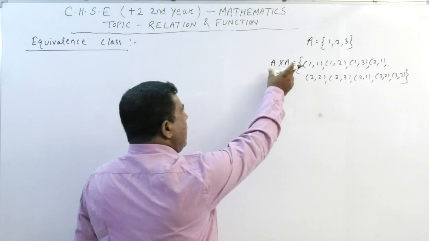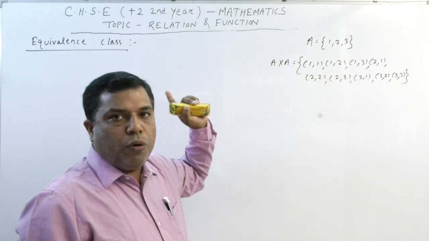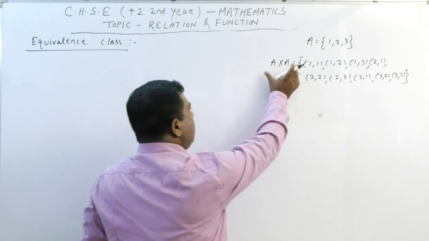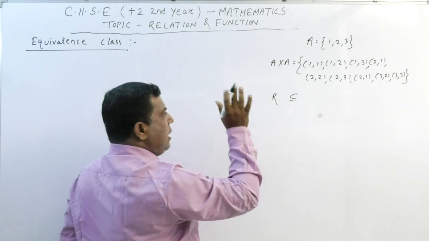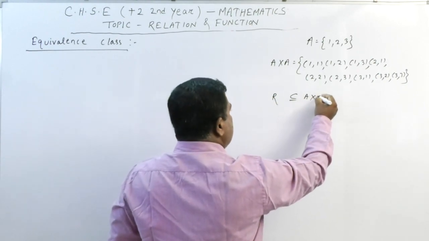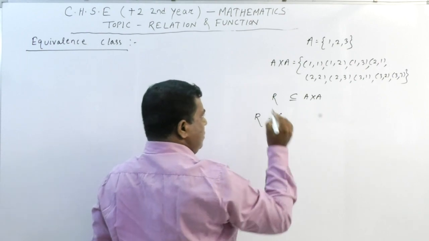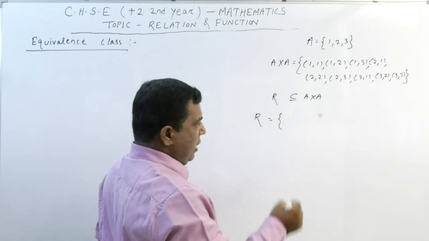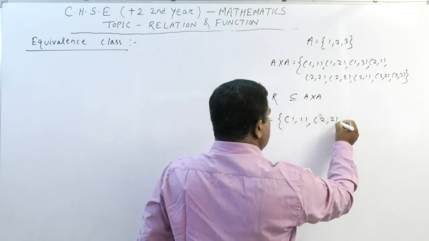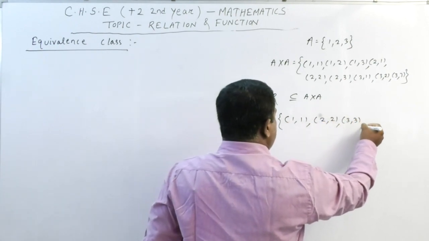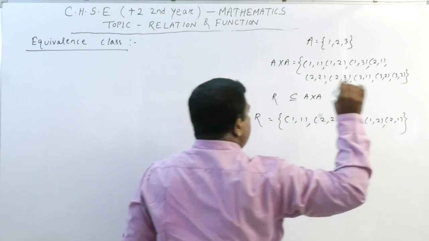Relations are taken from the product set, that is A cross A. So let any relation named R be from A cross A, and suppose R equals {(1,1), (2,2), (3,3), (1,2), (2,1)}. Okay.